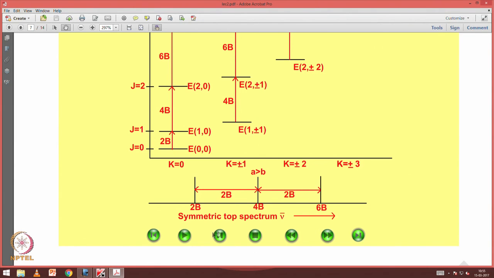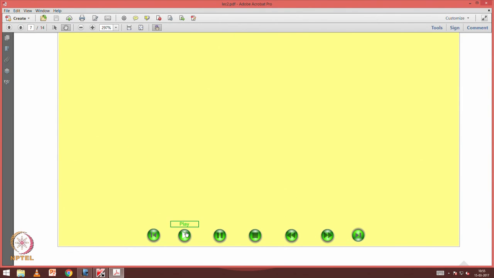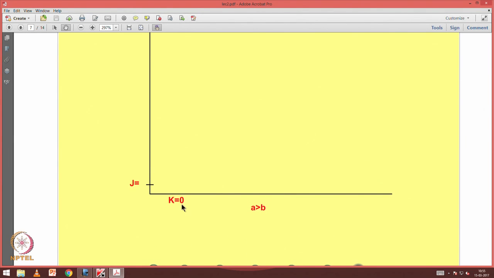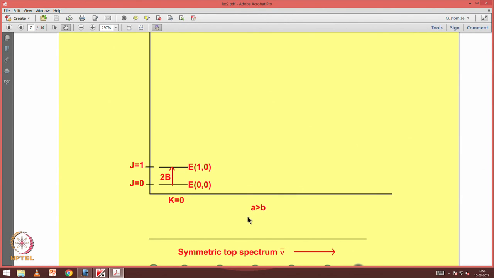This is the energy level, two energy levels for the symmetric top. Very quickly you can see that this is how the spectral features are present. So, we will see that in this animated play. You can see that the energy levels are such that for k is equal to 0, of course j is 0, this is the 0 energy level, and when j is 1 you have got k is equal to 0, that is 2b, and when k is plus minus 1 you will have the other energy level, a plus b.